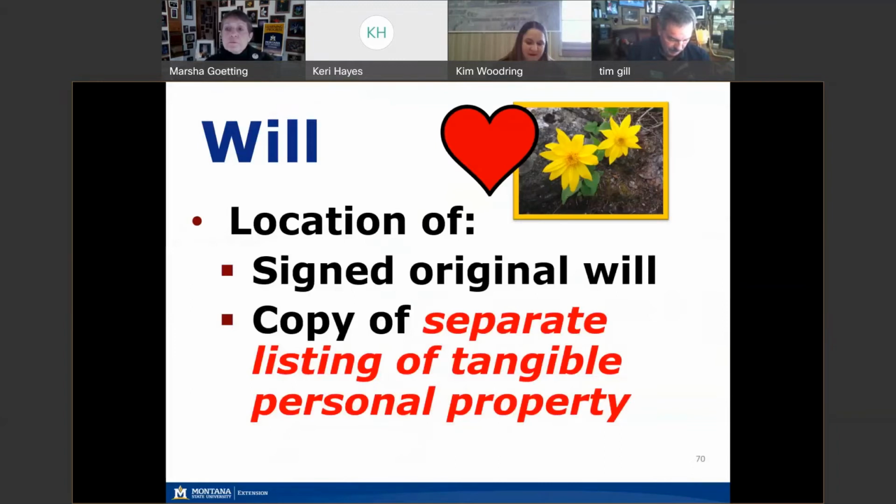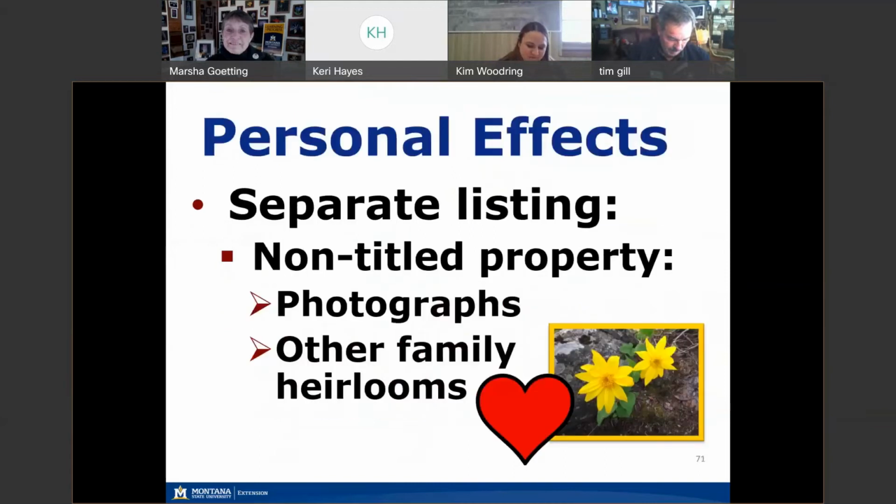Now, what does that mean? I didn't even know. Marsha had to tell me. This is something near and dear to you, something like a family heirloom or your pets, and some of your personal effects, such as your photographs and your other family heirlooms.